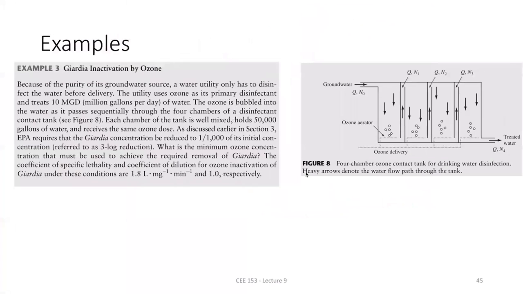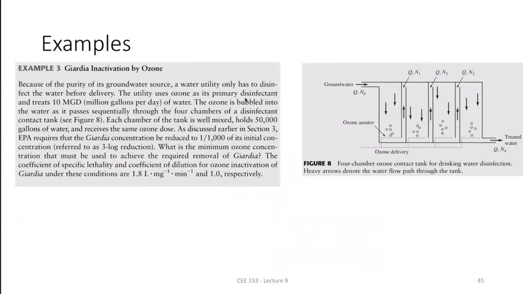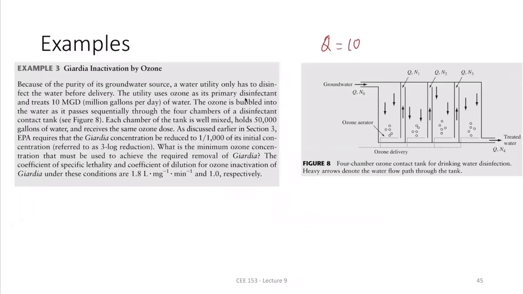Okay, so let's solve an example. That's the last thing we're supposed to solve in the class. As you see here, I'm going to read it. Because of the purity of your groundwater source, a water utility only has to disinfect the water before delivery. The utility uses ozone as its primary disinfectant and treats 10 million gallons per day. So the flow rate Q is 10 mgd.